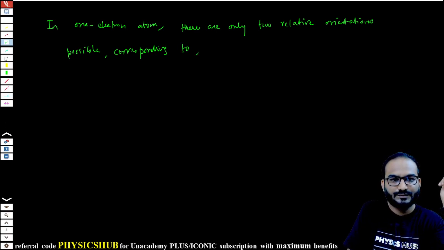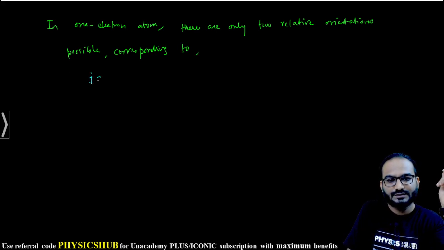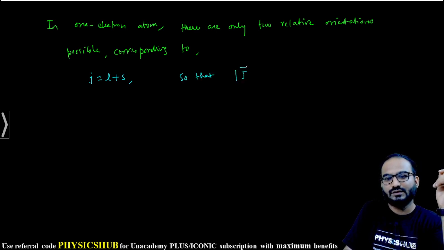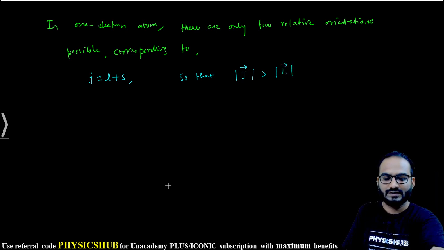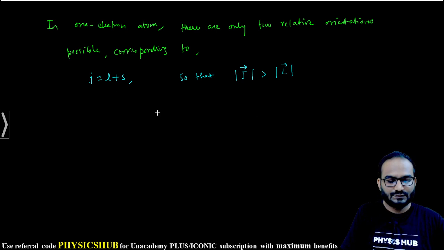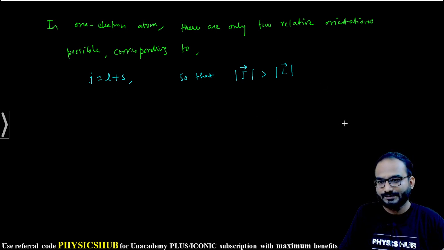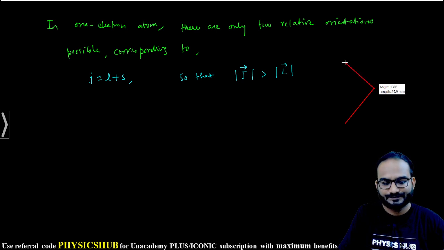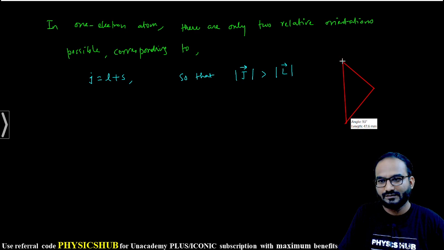The first combination will be J equals L plus S, and because of that the modulus of J must be greater than the modulus of L. Let us try to understand with an image. J equals L plus S. This is L, this is S, and they are added vectorially, and you get this.